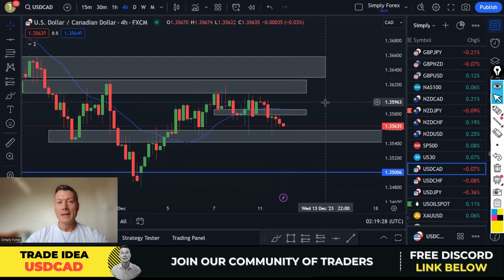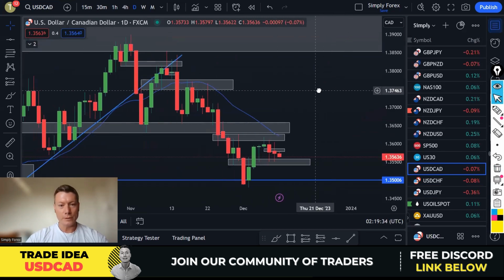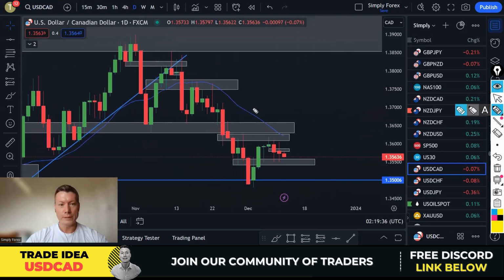There you go. US dollar Canadian dollar. Let's start with the day chart. Again, guys, we're still in a downtrend with US dollar Canadian dollar. Again, you don't need to be Warren Buffett to see that this is in a downtrend. Excuse my lines, been drinking again. But we're in a downtrend.